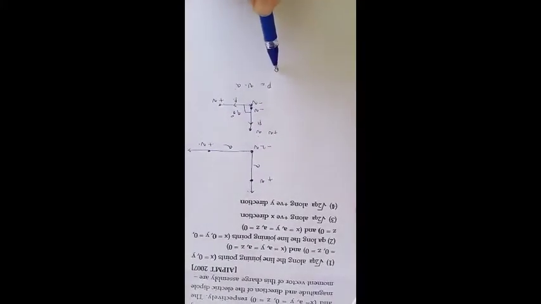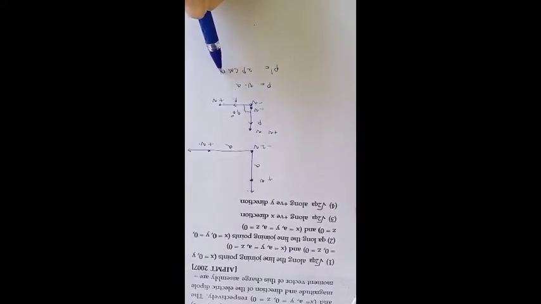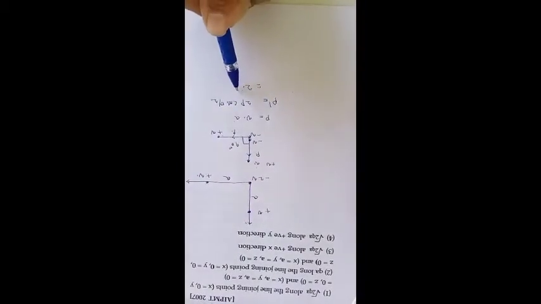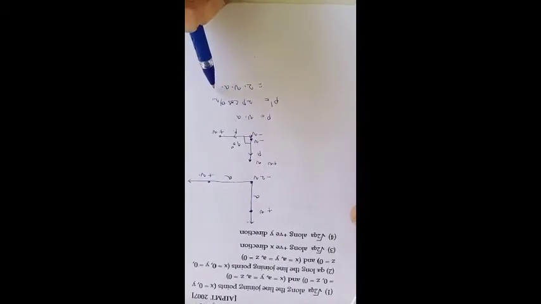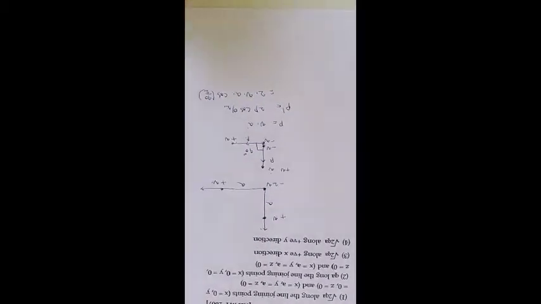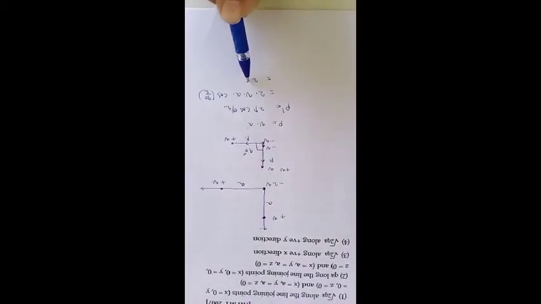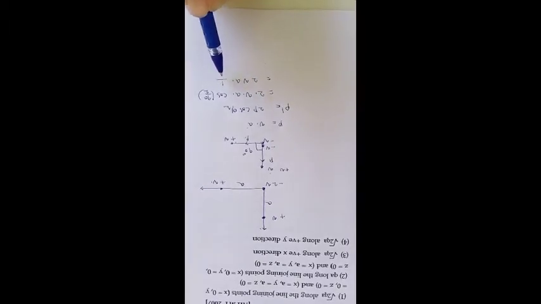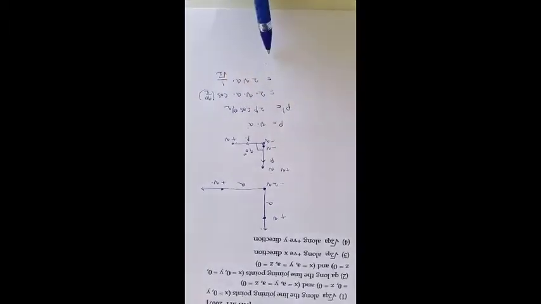So the net dipole moment P dash is equal to 2P cos theta by 2, so 2 into Q into A into cos 90 by 2. This value will be cos 45, and cos 45 means 1 by root 2.